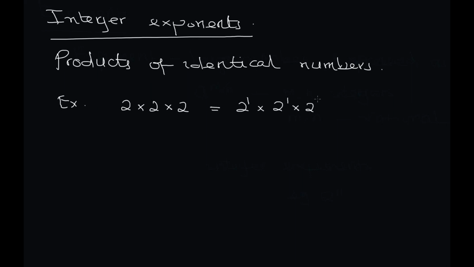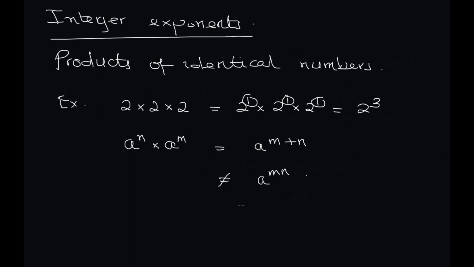That'll be 2 power 1, 2 power 1, 2 power 1, and then we add those ones together to get 3. We'll see this when we look at the laws. Here we have a power n times a power m, so we have a power m plus n, and this is not equal to a power mn. These are two different expressions, so we have to know that.